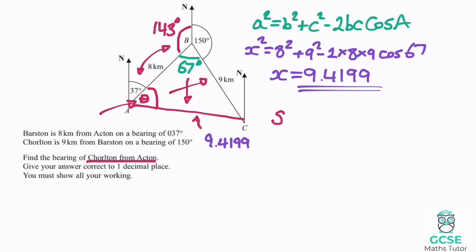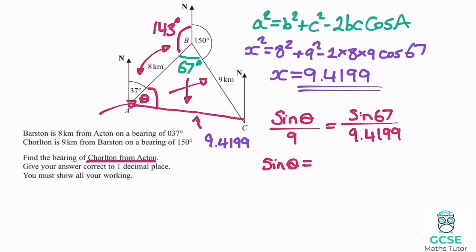So I'm going to say, well, sine A over a equals sine B over b. So sine theta over 9 equals sine 67 over 9.4199, there we go. Rearranging that, so timesing both sides by 9, we get sine theta equals 9 sine 67 over 9.4199.